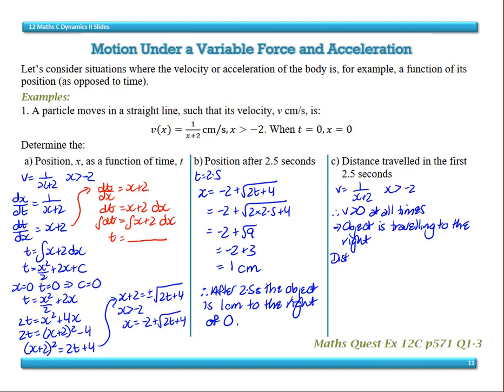So our distance is going to be equal to whatever we get for our position at 2.5 minus whatever it is at 0.